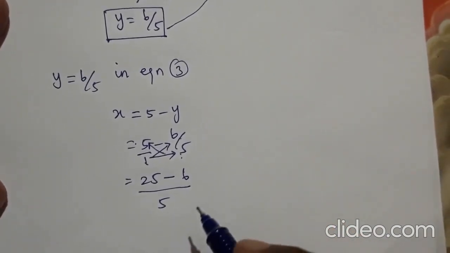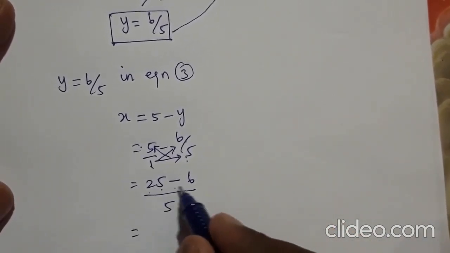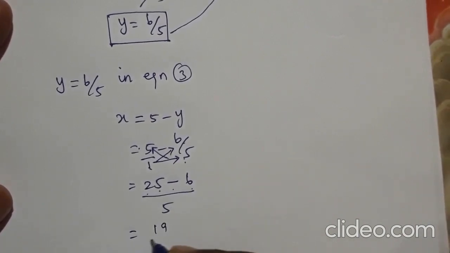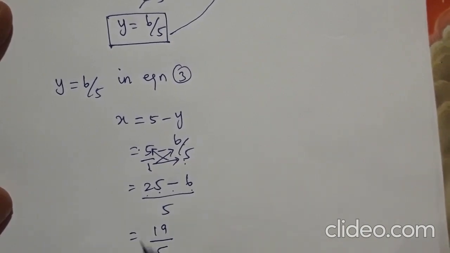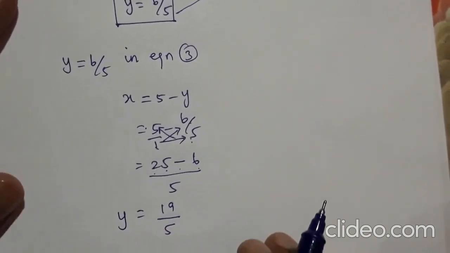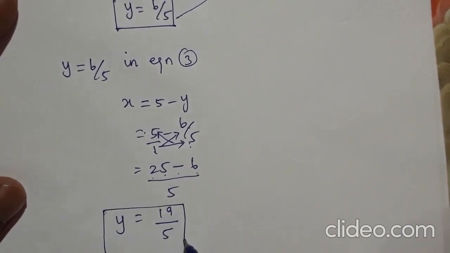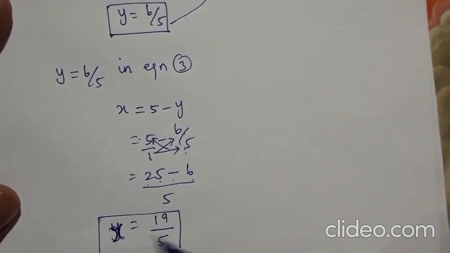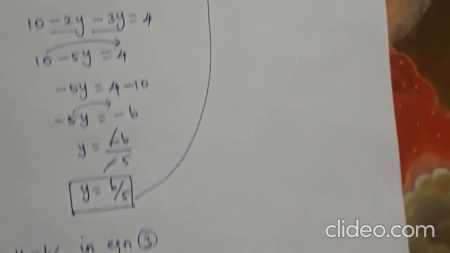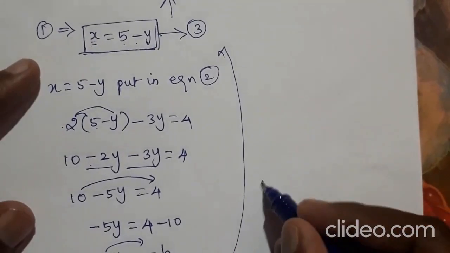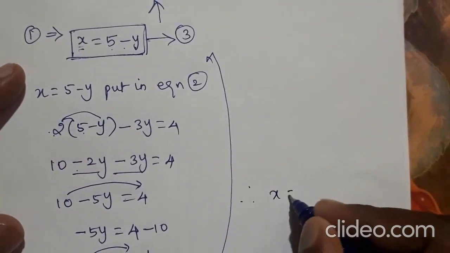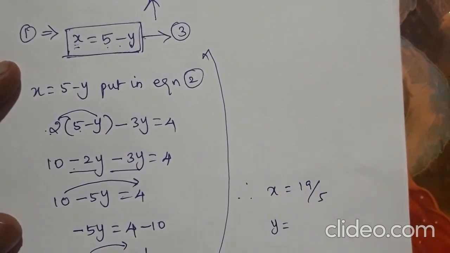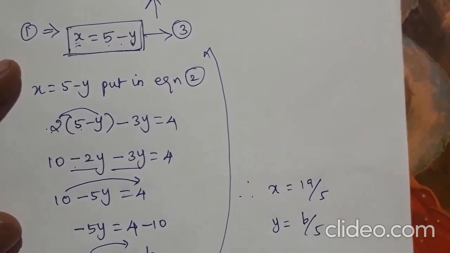You will get same answer. 25 minus 6 we will get 19 divided by 5. Sorry, x value will get 19 by 5. So here we got both values. x is equal to 19 by 5, y is equal to 6 by 5.